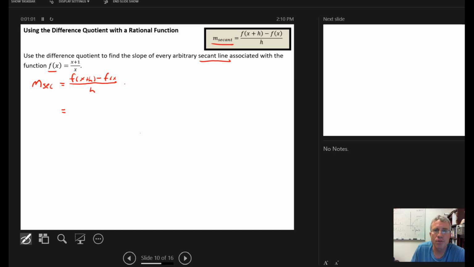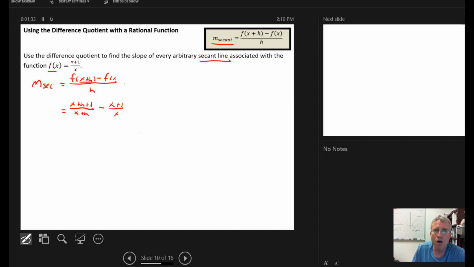So the first step is take your function f of x, and everywhere you see an x in both the numerator and the denominator, replace that x with x plus h. So in the numerator, I'm going to get an x plus h plus the 1, replacing this x with an x plus h, over, now I have to replace the x in the denominator with an x plus h, minus the original function, which is just x plus 1 over x.